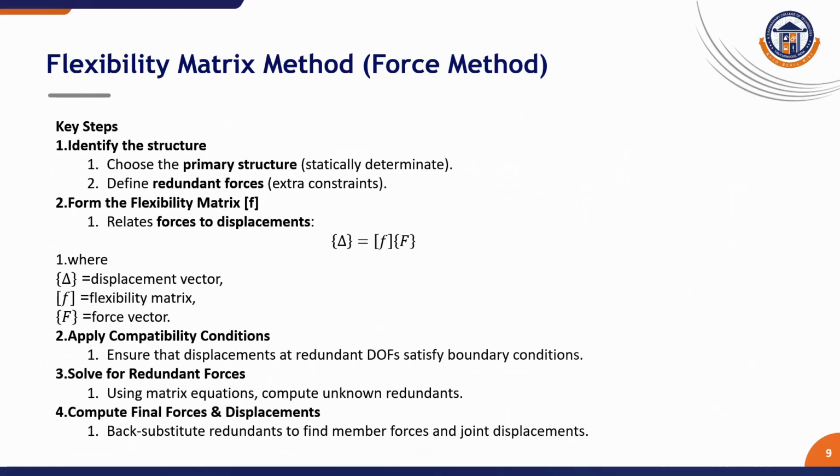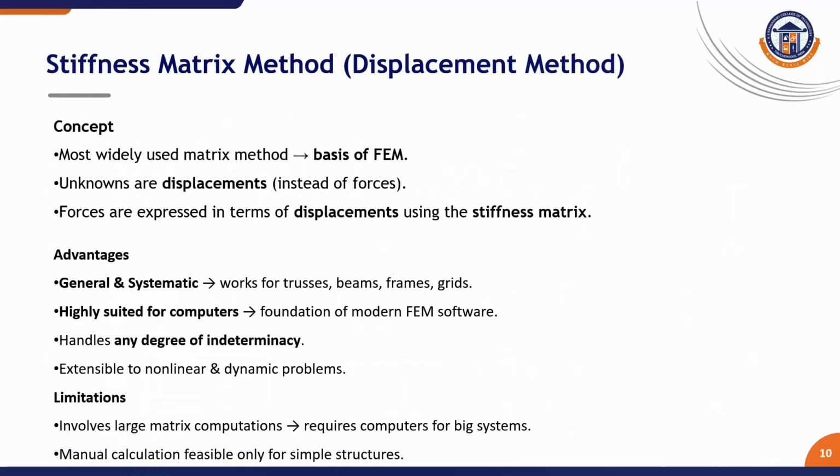Next is the stiffness matrix method. The stiffness method, or displacement method, is a cornerstone of modern structural analysis. In this approach, the unknowns are the nodal displacements and the forces are related to the displacements via the stiffness matrix. Its advantages are manifold: it is inherently systematic, applicable to any structural type, and capable of handling arbitrary levels of indeterminacy.